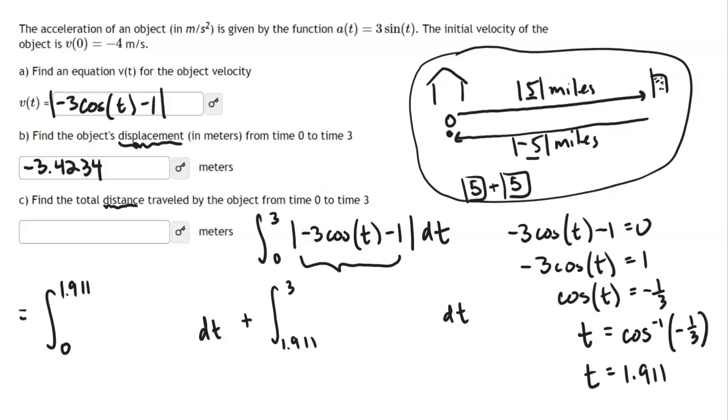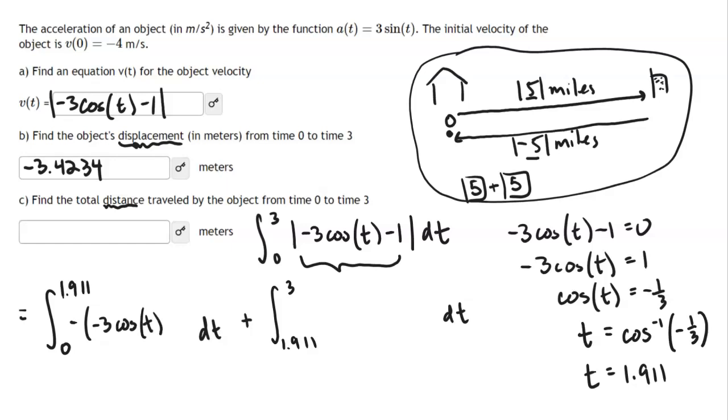So now, what do we need to do? If it's negative, we need to make it positive, which we do by taking the opposite. For example, here, we know that to the left of 1.911 it's in the negatives, so we're going to switch it by taking the opposite of it.